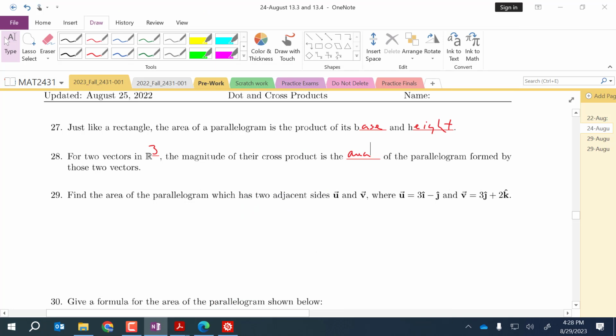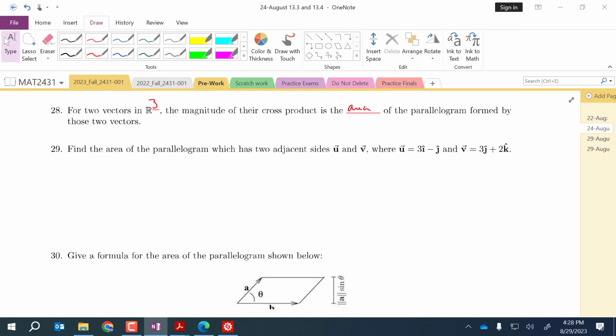So we could ask this question, and we're not gonna go all the way through it. The answer to this question would just be to compute U cross V, and then take its magnitude. That would be the area of the parallelogram spanned by those two, because that's how we define the cross product.